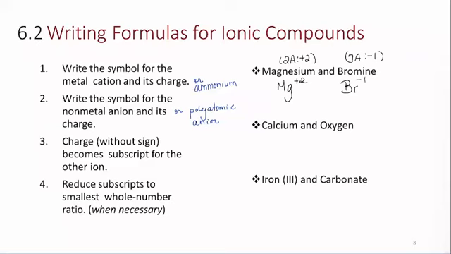Now, as I mentioned in rule number 3, the charge without the sign becomes the subscript of the other ion. So this value of 1 is going to become the subscript of magnesium. This value of 2 is going to become the subscript of bromine.